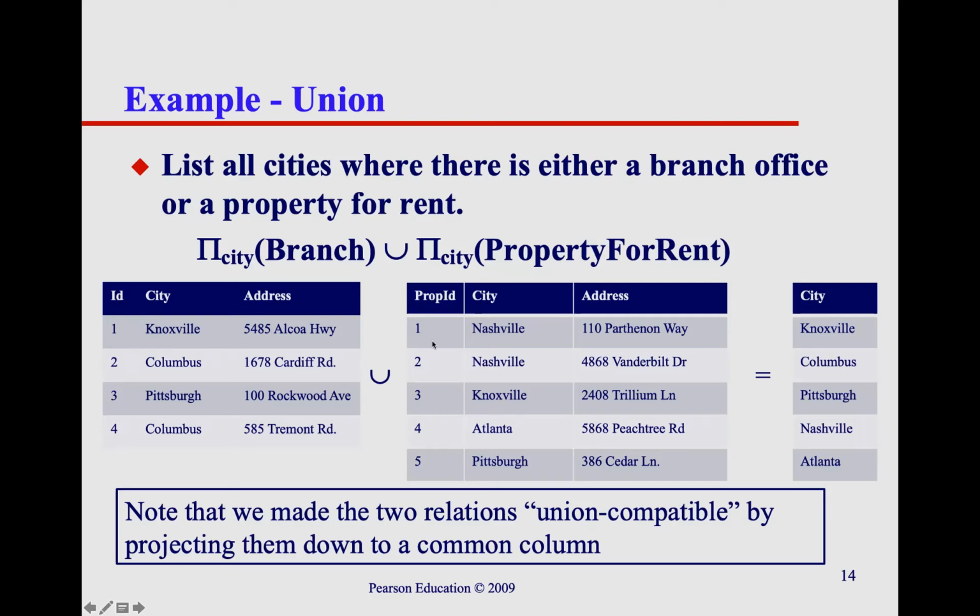So this is an example where they're still union compatible. In this case, all we care about is listing the cities, not their addresses. So we project out the city. Sometimes in order to make them union compatible, you have to first project out common columns.